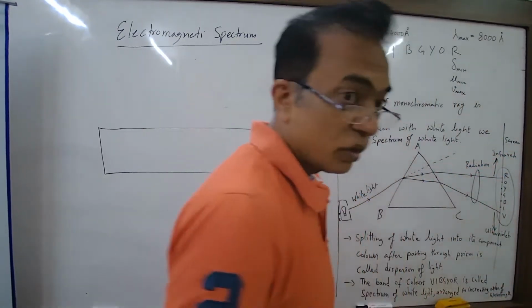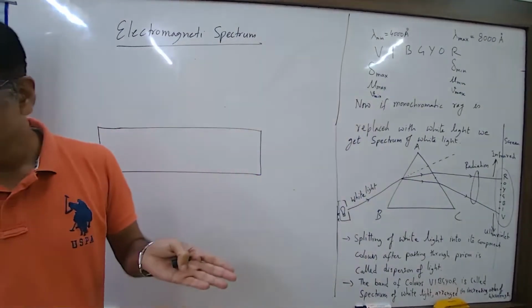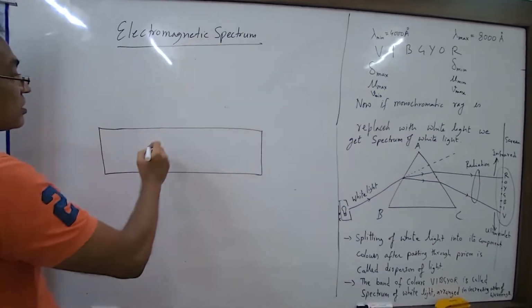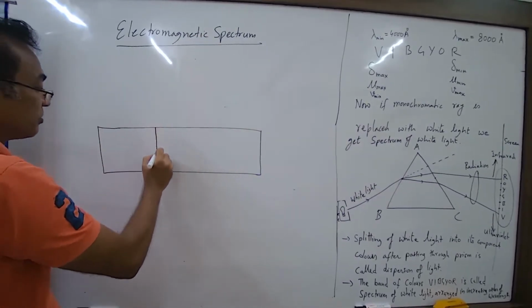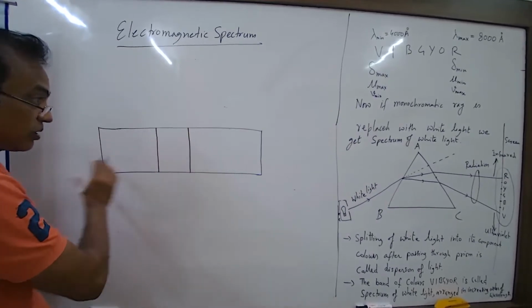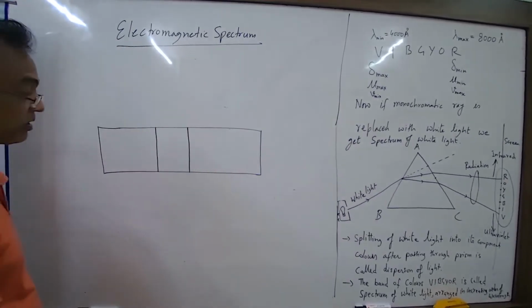Understood? So ultraviolet and infrared are non-visible. The full electromagnetic spectrum consists of not only the visible spectrum. The visible spectrum is a very small part of the entire electromagnetic spectrum.